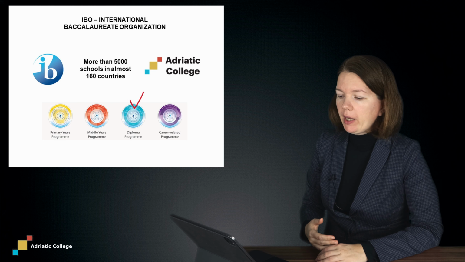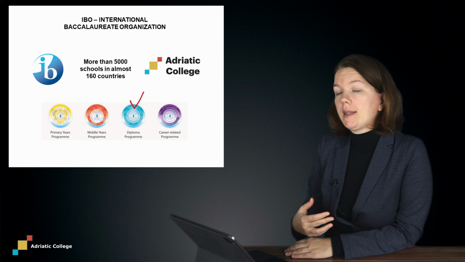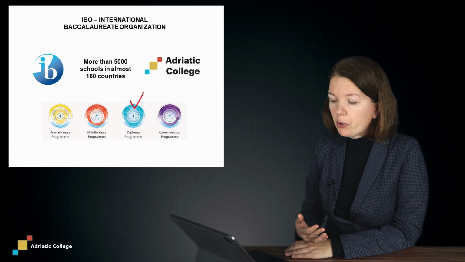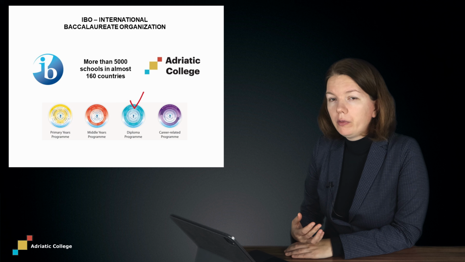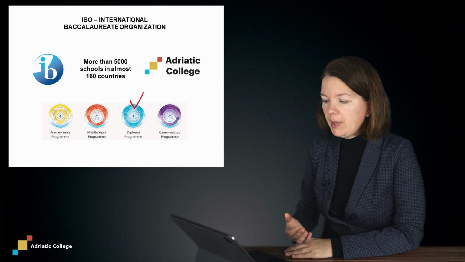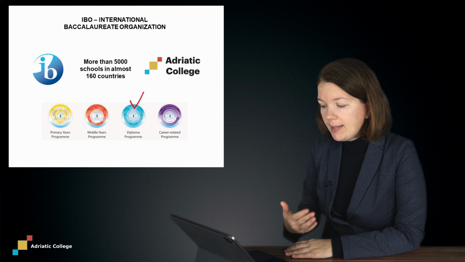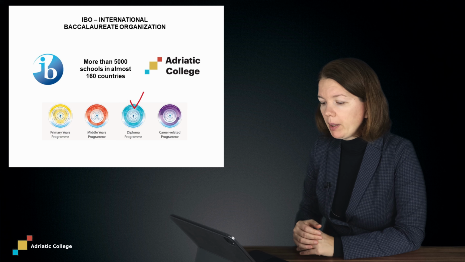For example, they offer a program for primary school called PYP or Primary Years Program, or they offer a program for middle school known as MYP or Middle Years Program, and they also offer programs for high school, DP Diploma Program or CP Career Related Program.